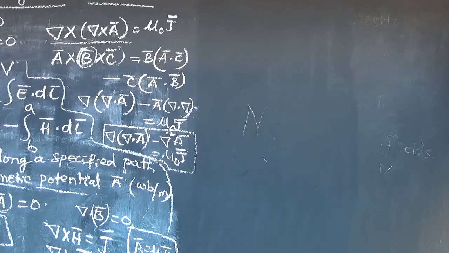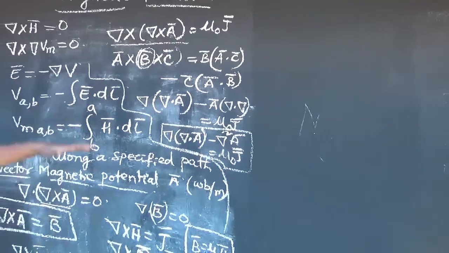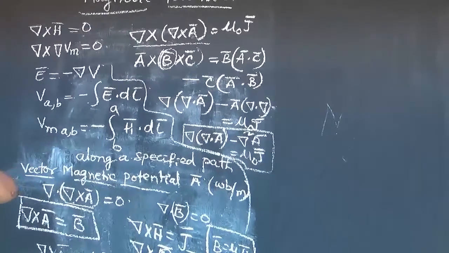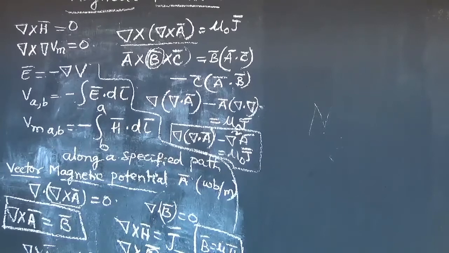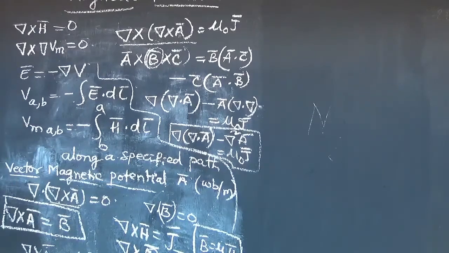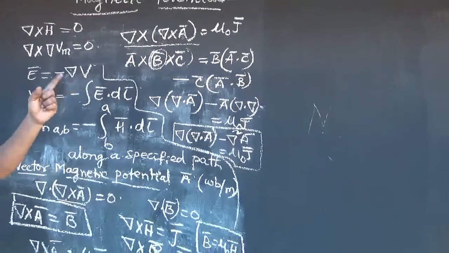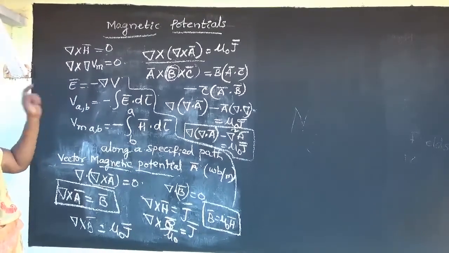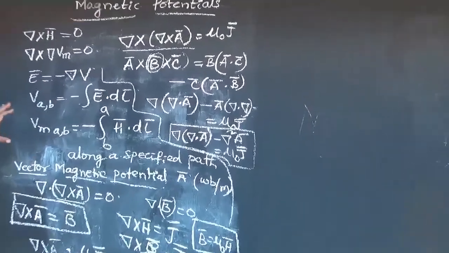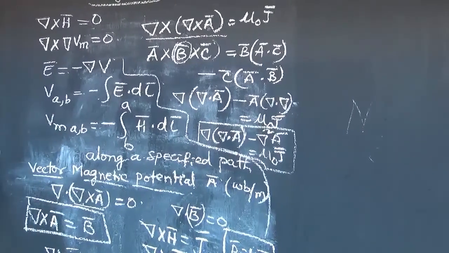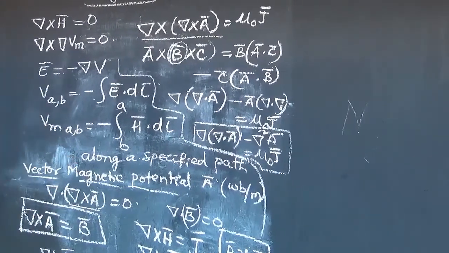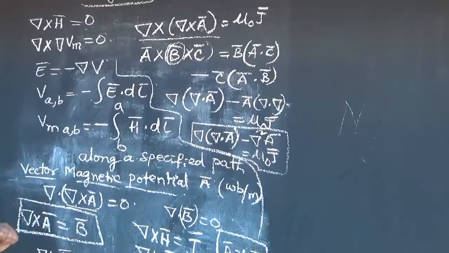So I conclude this topic with this. I will revise that in magnetic fields we will have two potentials, whereas in electric field we will have only one potential, which is a scalar quantity. In magnetic fields, one is the scalar potential, the other is the vector potential.